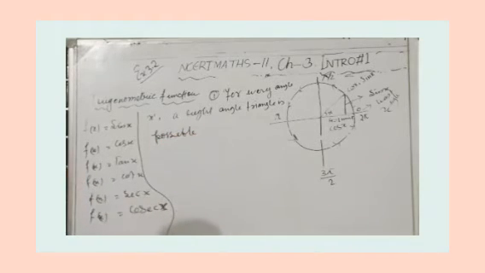For every angle x, a right angle triangle is possible. If a right angle triangle is possible for x, then what is also possible? A base and a height are also possible.